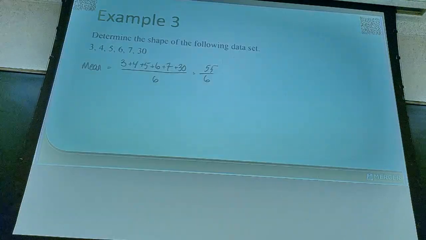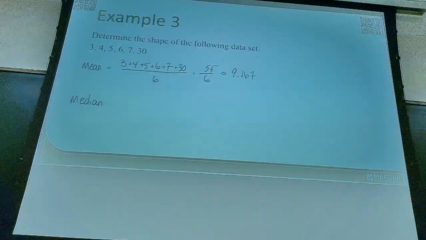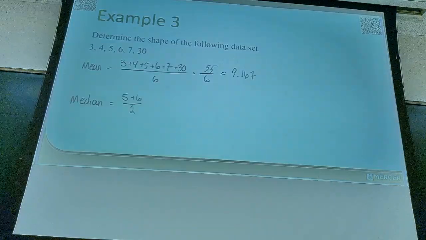Mean 55 over 6, .167, just about. Median should be the average of 5 and 6, right? Just 5.5.